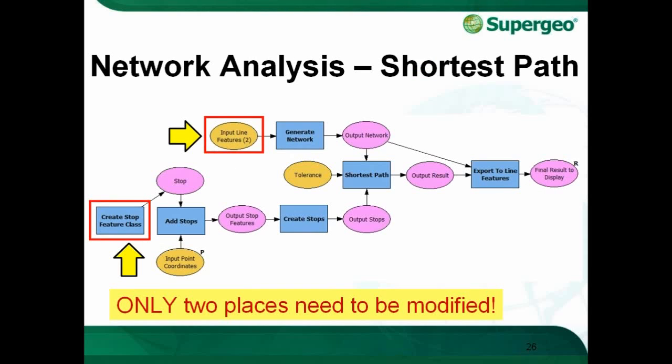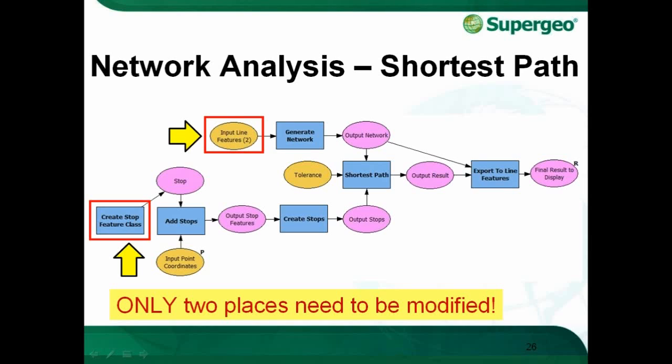Now, the whole procedure for calculating the shortest path is shown in this figure. The main idea is this one: finding the shortest path. We firstly have a look at the upper part, the network. To generate the network, we need to have an input line feature layer. That's the raw data we prepared.